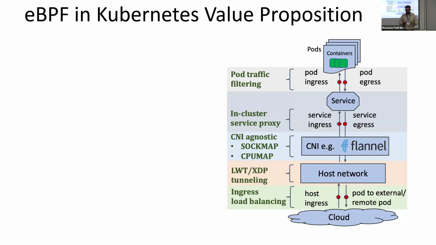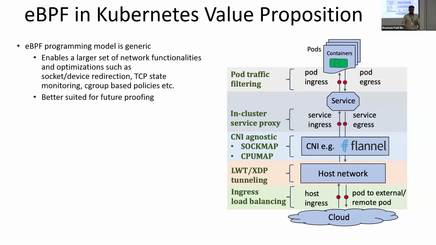So if I were to do load balancing, I would do it at the lowest layer. If I'm doing pod traffic filtering or any sort of firewall, I would do it at the pod ingress and pod egress layer. What eBPF brings in is that all these functionalities can be implemented in eBPF separately, and they are better suited for future proofing because these are small, purpose-designed programs.